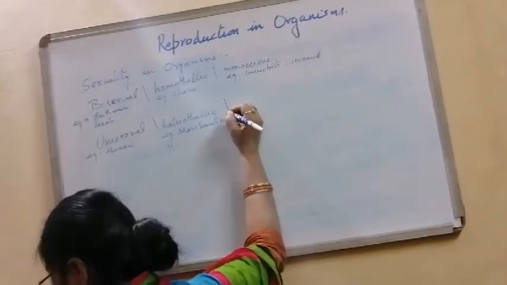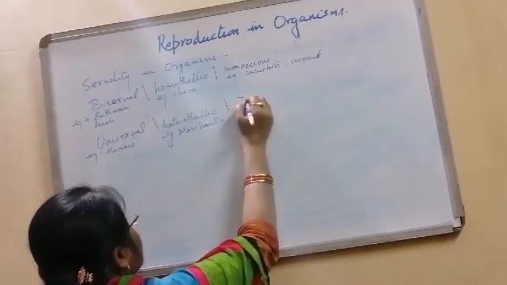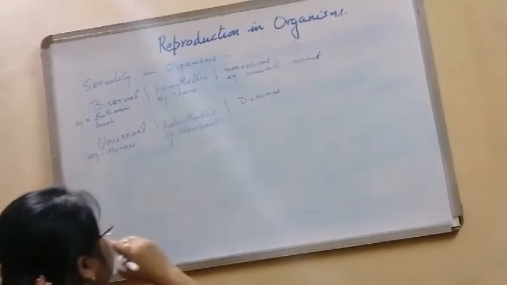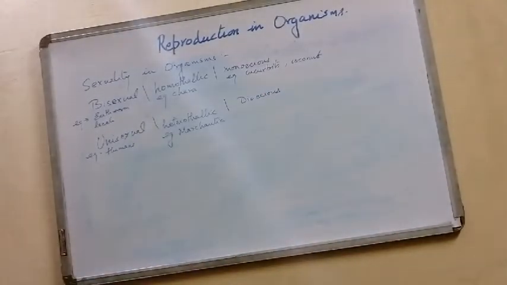And the term that we use for it is dioecious. That is, there is a separate male plant and a female plant, isn't it? Like certain papaya plants, you must have seen that they don't bear papaya. Why? Because it's a male plant.